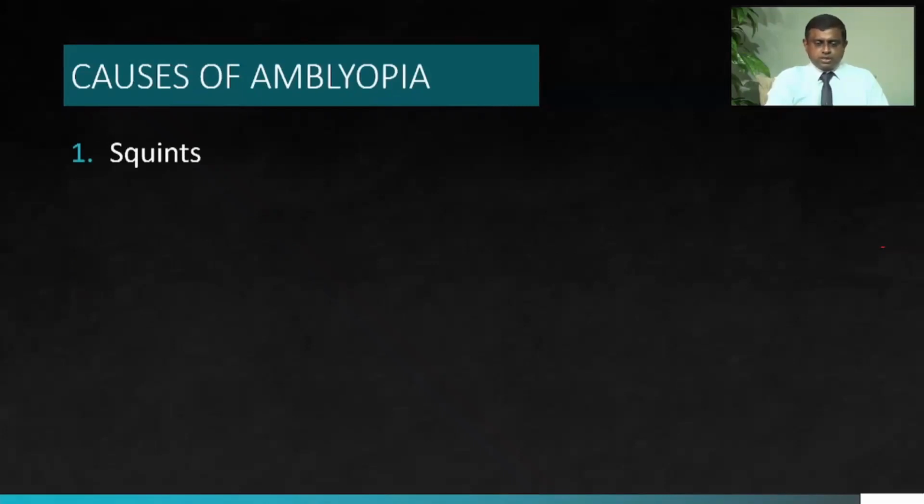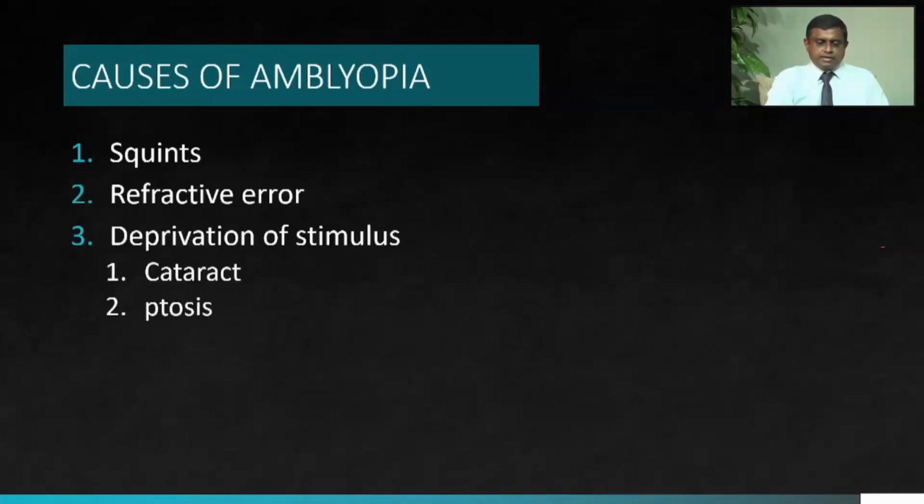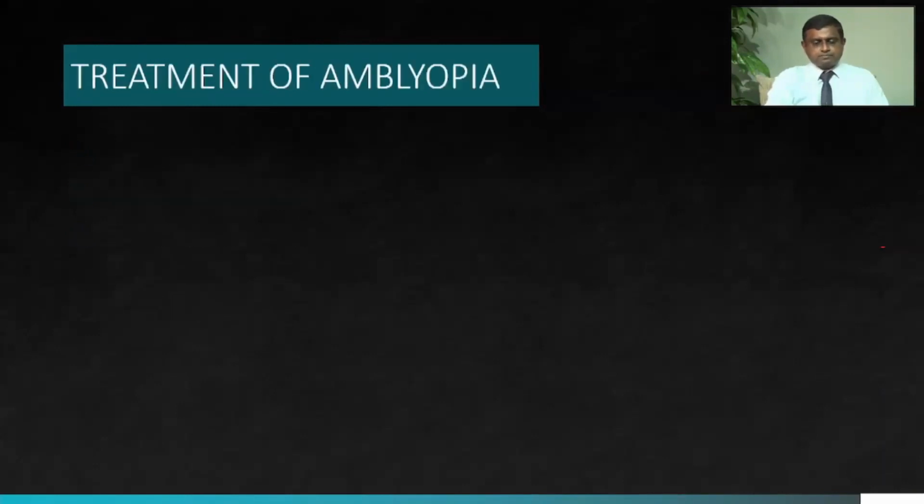So amblyopia could be caused by untreated squints or untreated refractive errors, and there is a category called deprivation of stimulus due to cataract, that is media opacities, cataract or ptosis. So how we treat amblyopia is we have to detect the cause, whether it is due to refractive error or whether it is due to ptosis.